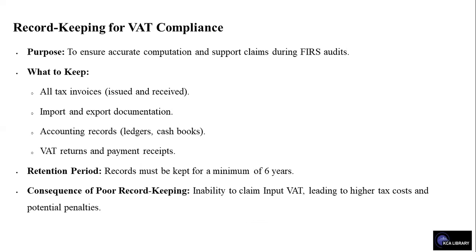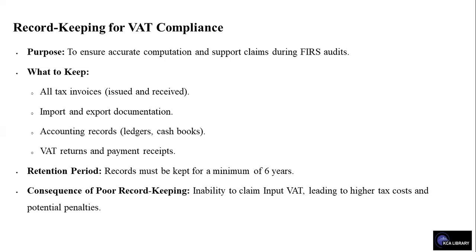And looking at record keeping for VAT compliance. The purpose is to ensure accurate computation and support claims during FIRS audits. What to keep to be able to do this: the first is all tax invoices issued and received. Another is the import and export documentation. Another is accounting records, which include the ledger and the cash flow.